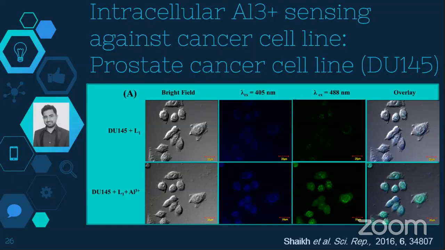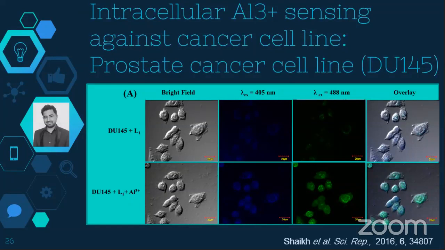DU-145 cells and breast cancer cells, MCF7, were first treated with 10 micromolar of ligand and incubated for 45 minutes at 37 degrees Celsius. The L1 treated cells were subjected to confocal microscopy and were excited using lasers having wavelengths of 405 and 488 nanometer.